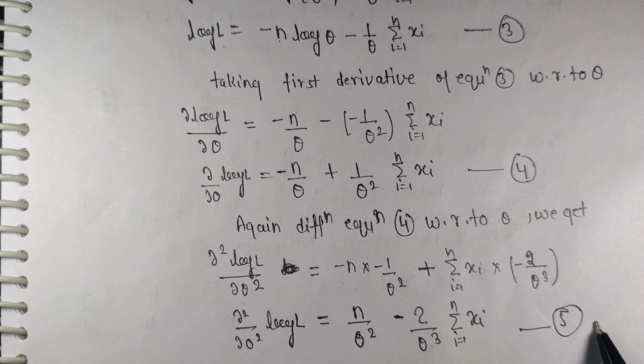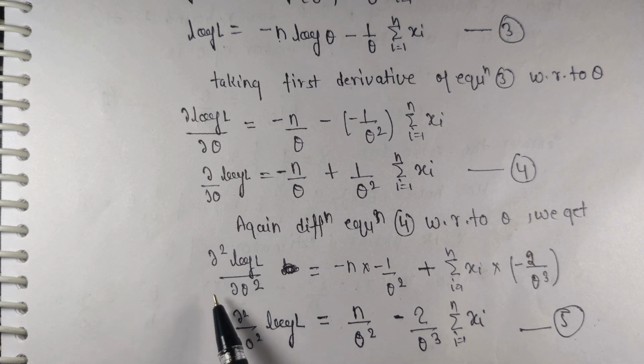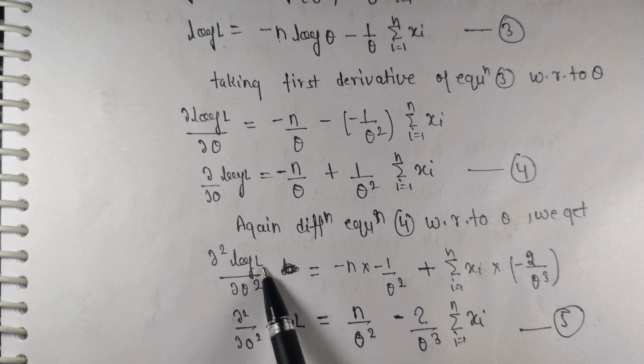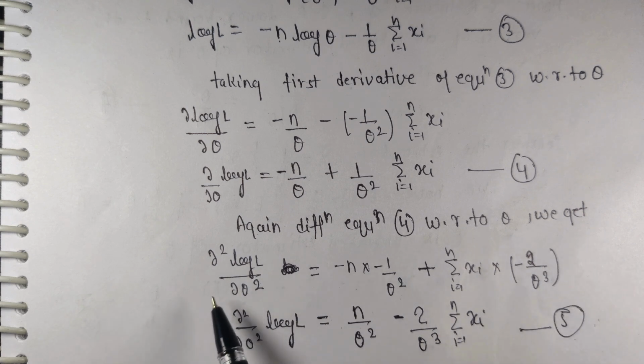Okay, and we know that the Cramer-Rao inequality is variance of t greater than or equal to tau dash theta square upon expected value of del by del theta log L square. Okay, and what we are doing here is taking the second derivative of the likelihood function. So come to the next step. I will explain why I am doing this here.